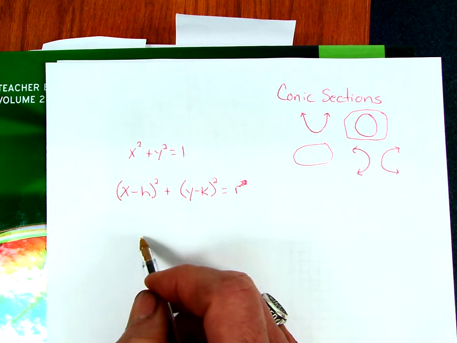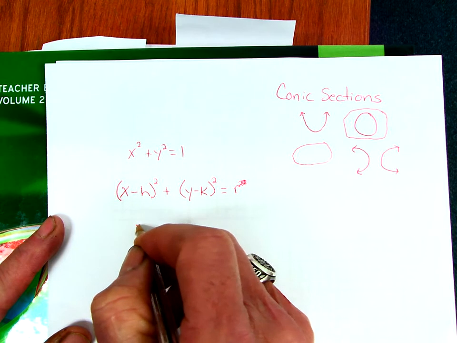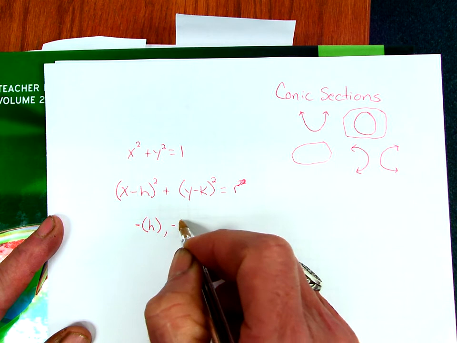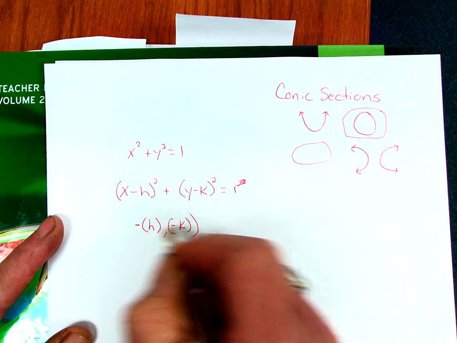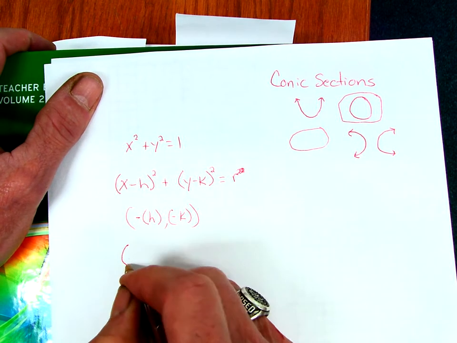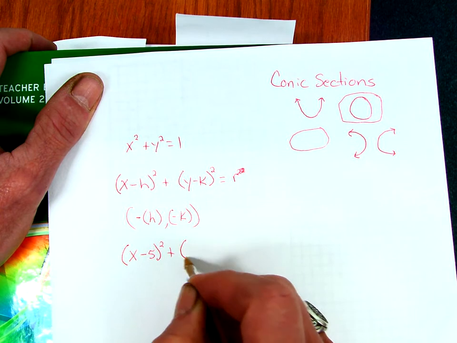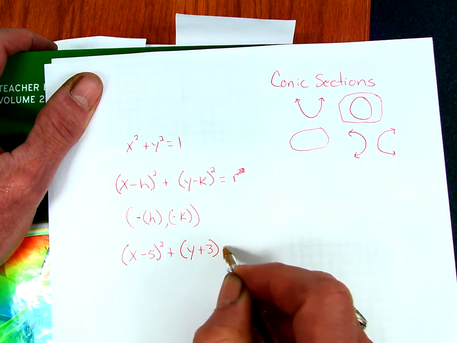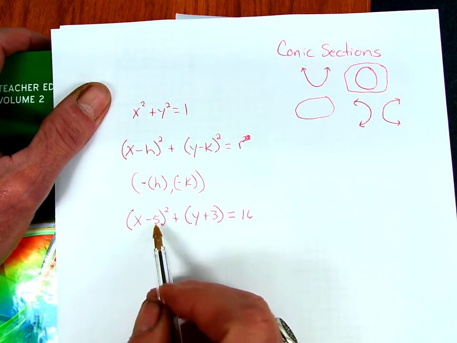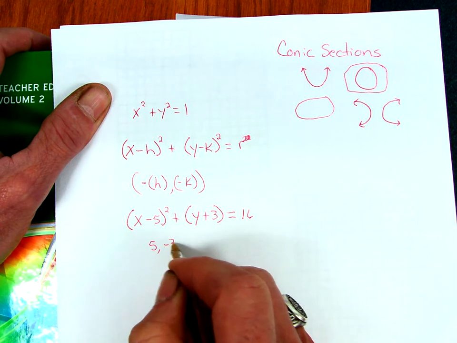First, it's the center of the circle. The center point of the circle comes from the opposite of h, comma, the opposite of k. This gives us our center point. So if we had an equation for a circle that looked like this, the center would be the opposite of this, so positive 5, the opposite of that, negative 3.